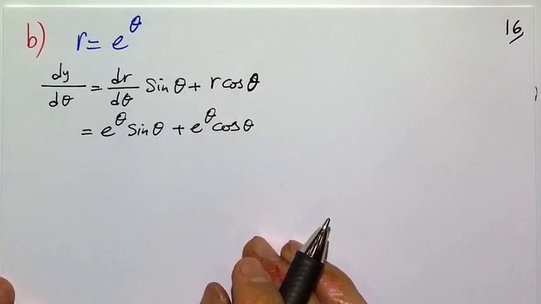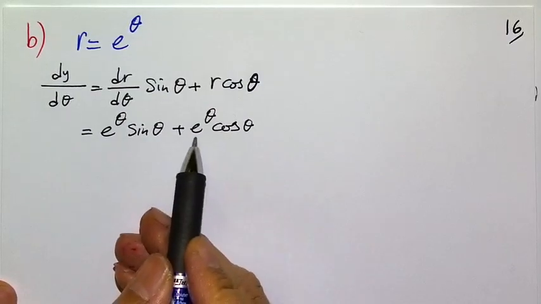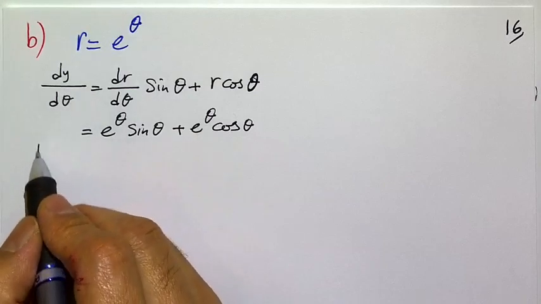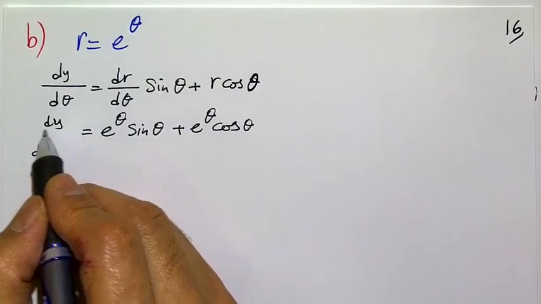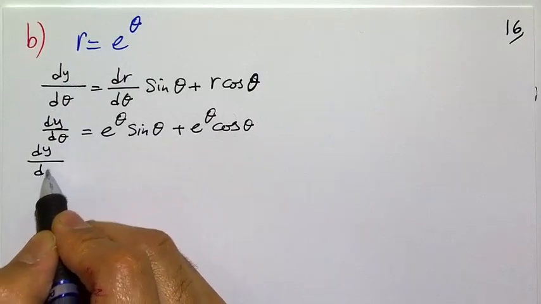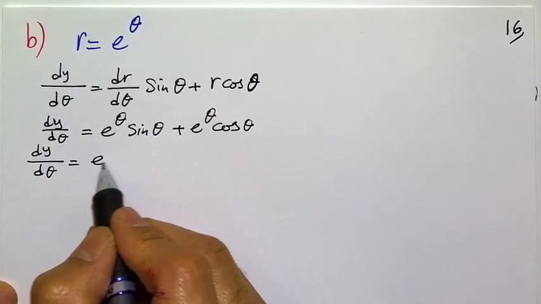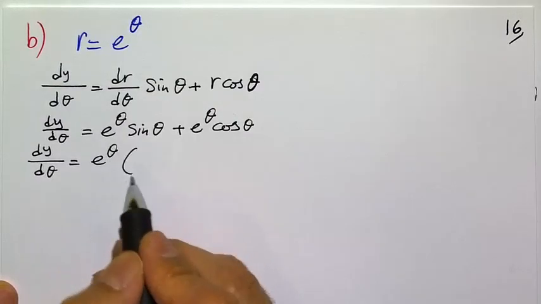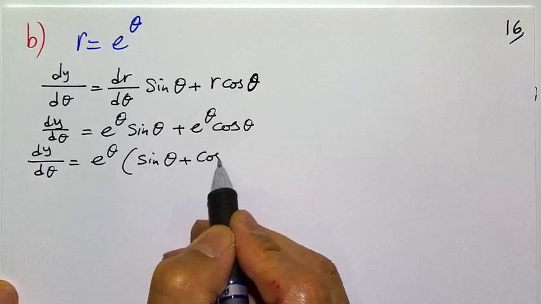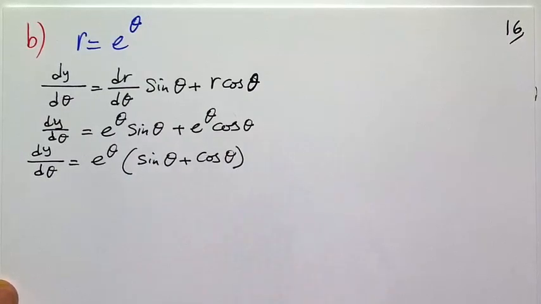Okay, so now we can factor out e to the theta power, right? So we have dy d theta equal to e to the theta power times sine theta plus cosine theta.